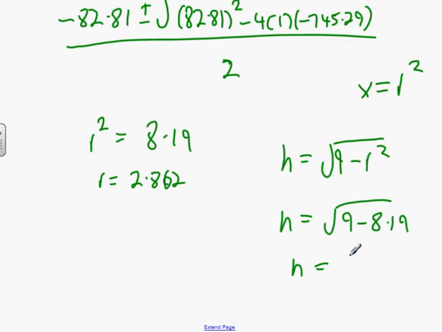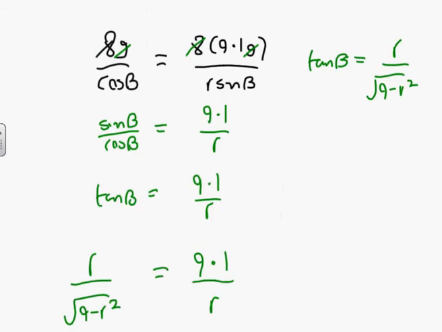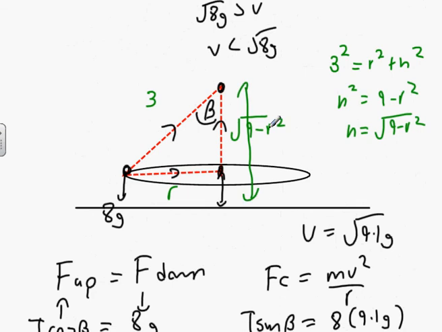H equals the square root of 0.81. H equals 9 over 10, yeah? We're still right, because remember what we said earlier? It was a meter off the ground. Now it's 0.9 off the ground, which means we're levitating by 0.1.